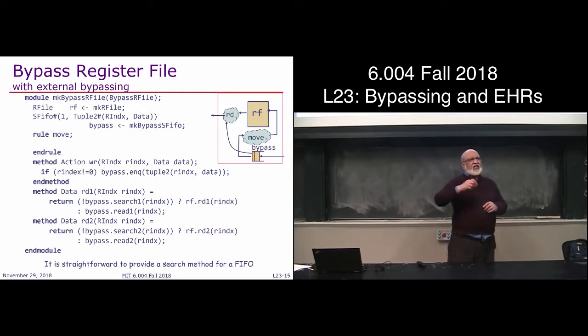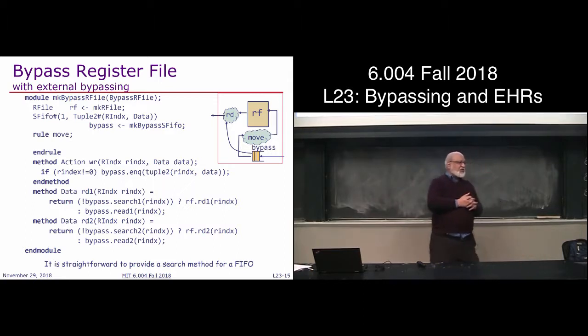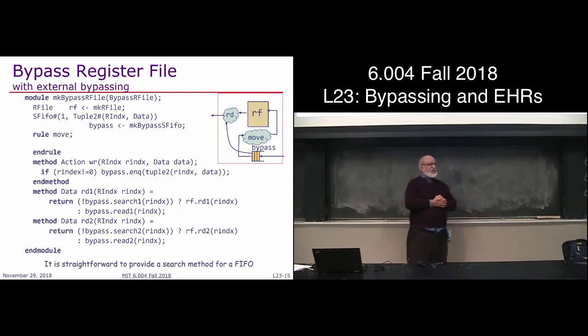So you can search on anything inside the FIFO, but generally we think of it as a key value pair being inside the FIFO. But you could have searched on any bit pattern in the value. So you define the search function when you make a searchable FIFO. And it will just go element by element and return the value. It tells you whether it found it or not.